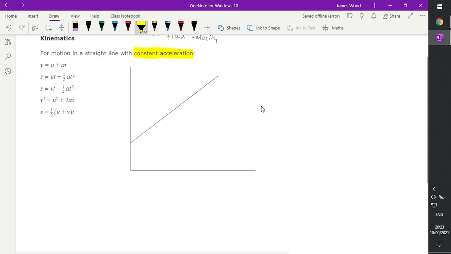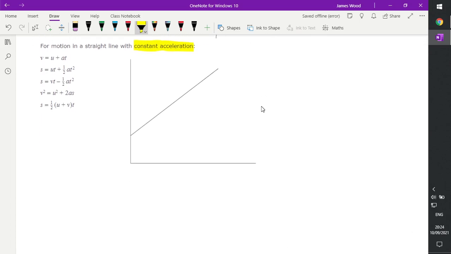Now, what I'm going to do is I'm going to derive these formulae from this velocity time graph that I've got here. So this is velocity here, and this is time on this axis. Okay. Now, on this graph, it obviously starts at some speed here, which I'm just going to call U for the initial velocity.